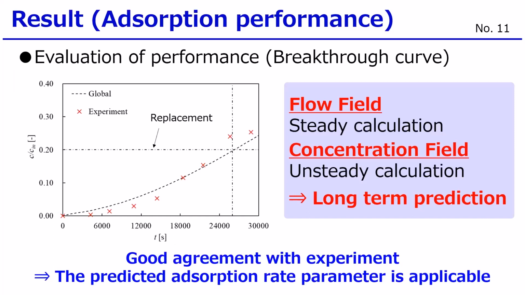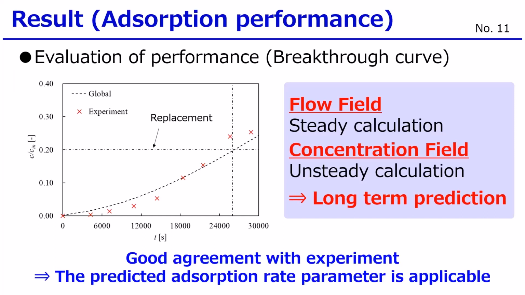This graph shows a breakthrough curve. A breakthrough curve represents the concentration ratio of outlet to inlet over time. Here, in this study, the inlet concentration is constant. So this graph shows the time change of the outlet concentration.